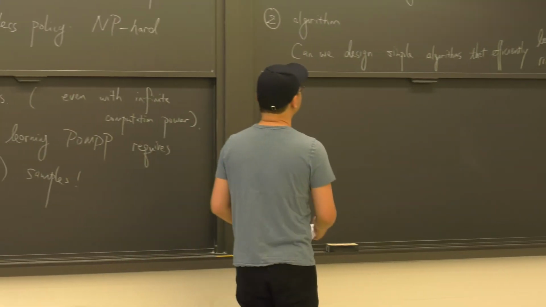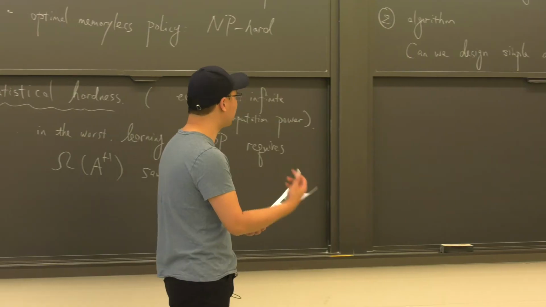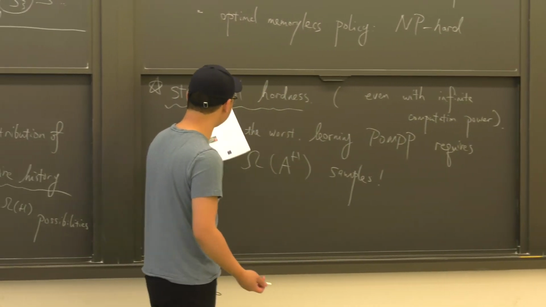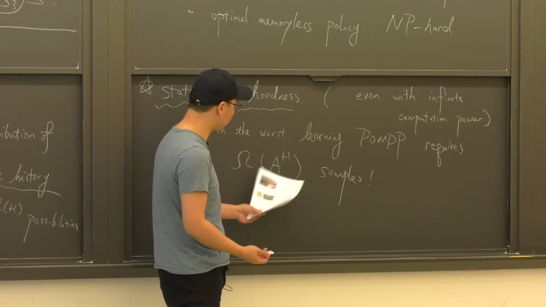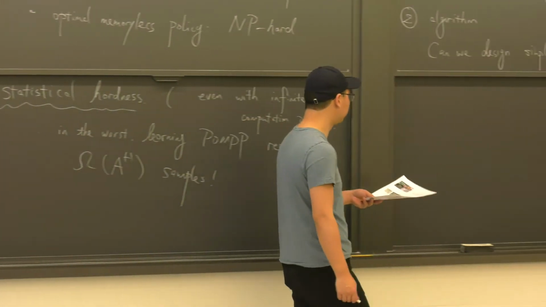In order to talk about the problem structure, and how we identify the subclass, we need to re-examine the hardness result. What is the difficult POMDP that would require A to the power of H samples?